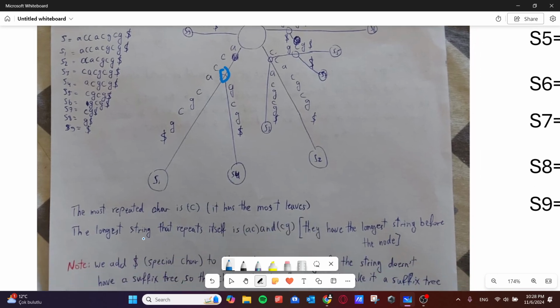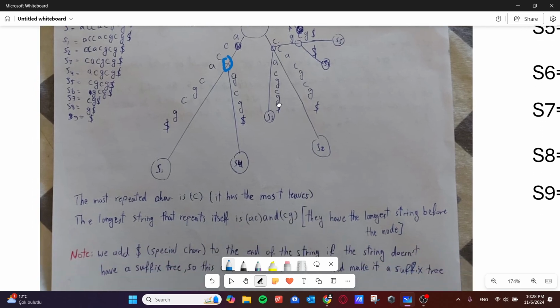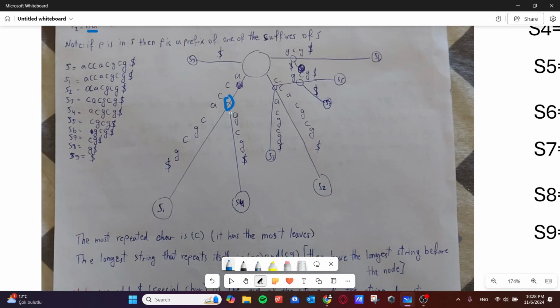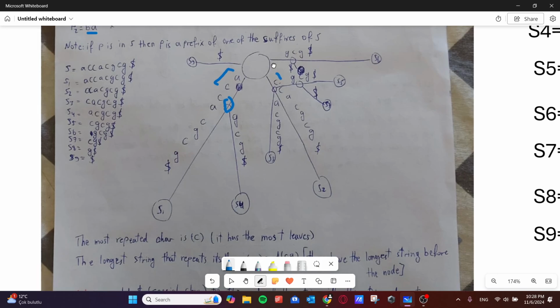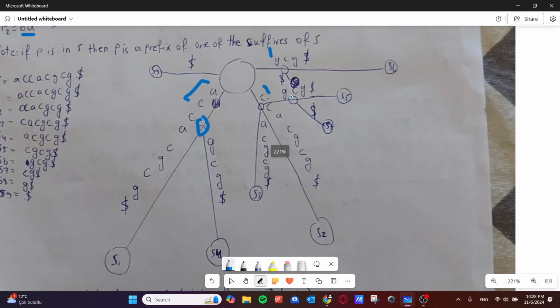So what is the longest string before the internal nodes? Here, as you can see, we have two characters. Here we have one. Here we have one. Here there's no internal node.